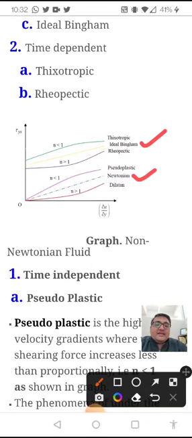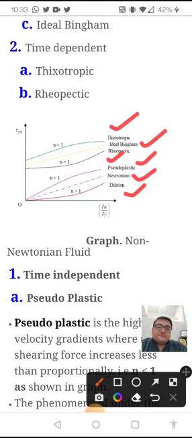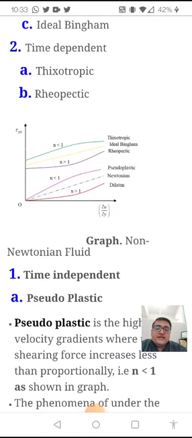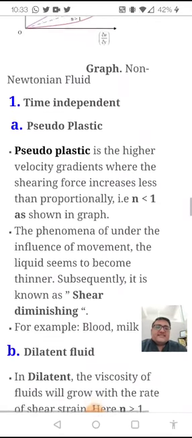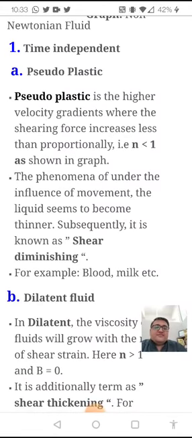When tau is proportional to mu du by dy, but if du by dy has some power on it and that power is greater than 1, then it is called dilatant fluid. If the power is less than 1, then it is called pseudoplastic fluid. For the ideal plastic, if the power is greater than 1, then it is called rheotropic fluid, and if it is less than 1, then it is called thixotropic fluid. So these are the examples of non-Newtonian fluid. Let's discuss it in detail, because it is not as simple as it looks.